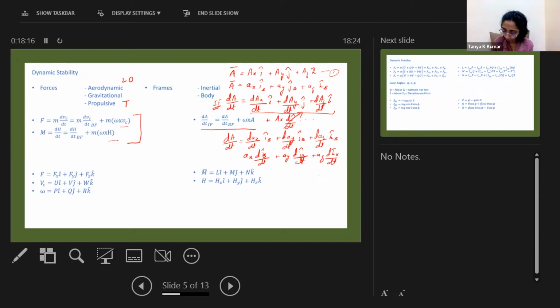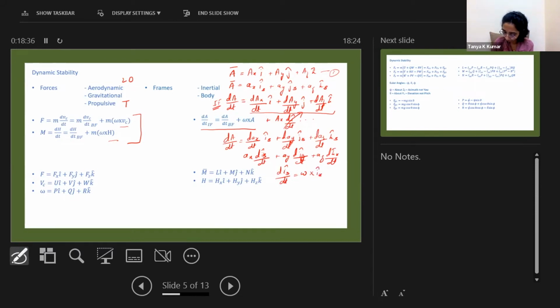Now, if your body is rotating with an angular velocity omega, then diB by dt, we had seen this in the previous week, would be omega cross iB. Similarly for jB, similarly for kB.